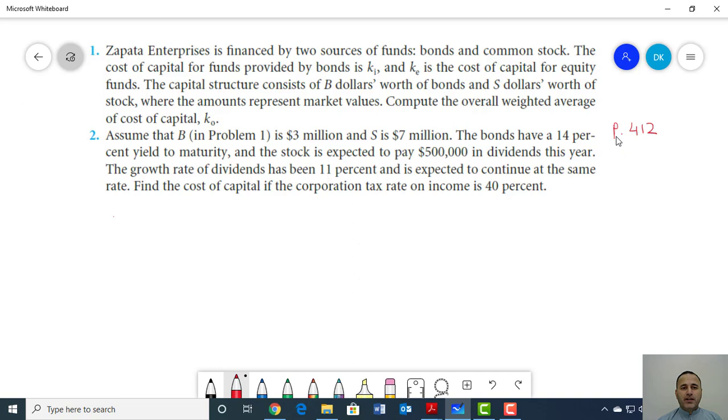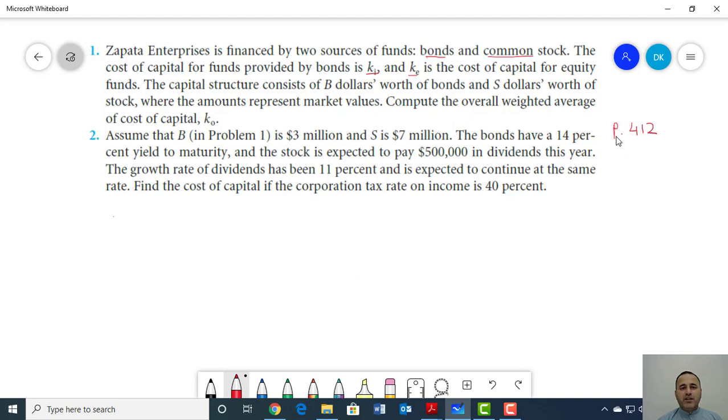Zapata Enterprises is financed by two sources of funds, bonds and common stock. The cost of capital for funds provided by the bonds is KI, and for equity it's KE.